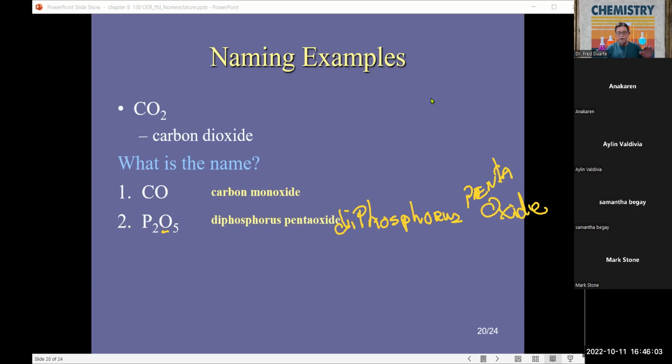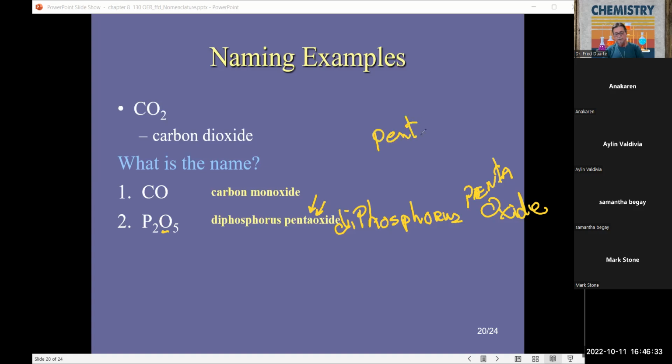So we wrote the parent name, then we wrote the prefixes. Now, with respect to English format, by English rules, you have a vowel here from the prefix penta, and it's going to be attached to another vowel. Technically, we're supposed to drop that A.